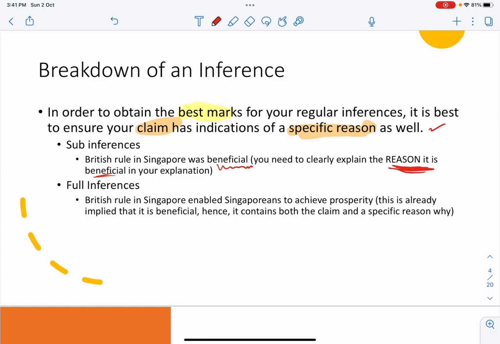So in order to make your answer a bit fuller, please write down for me exactly how. So British rule in Singapore enabled Singapore to achieve prosperity. This is exactly how. Enabled Singapore to achieve the prosperity that it didn't have. So therefore, this is why it is beneficial. This is specifically why it is beneficial. Take note, it contains both the claim and the specific reason why.